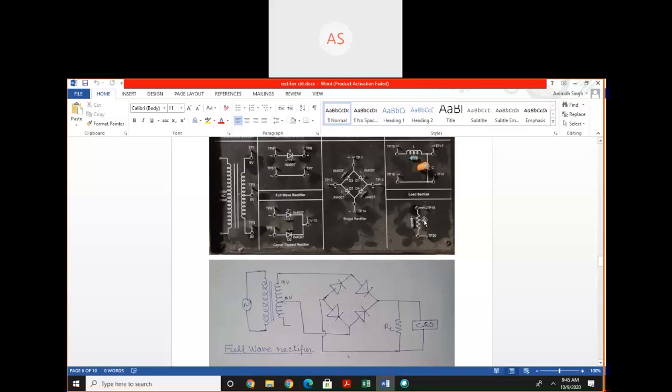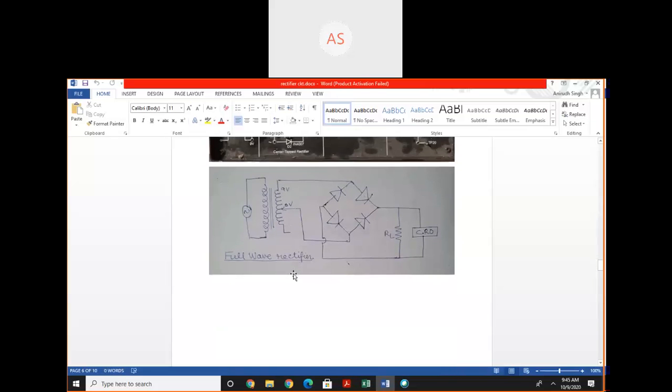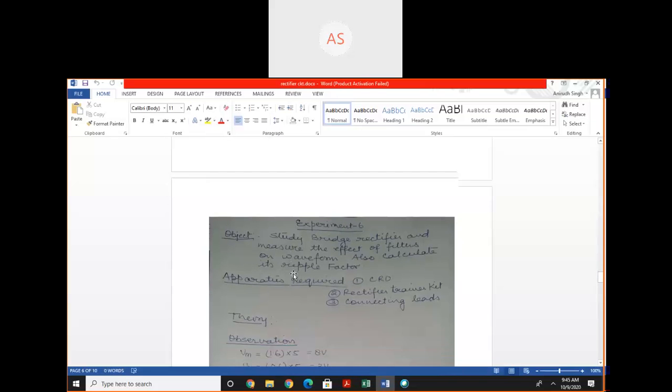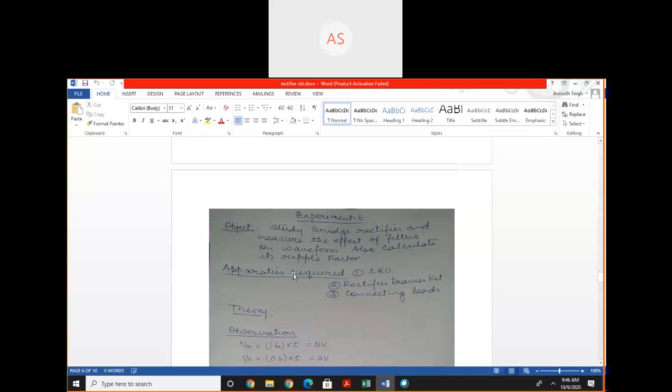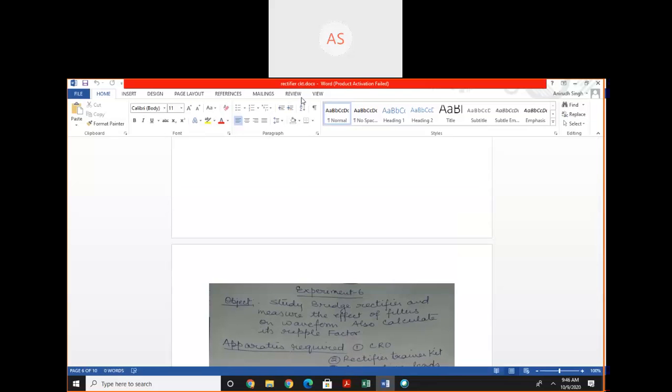Then TP12 is connected to RL, and TP13 is connected to TP19. We connect one channel of CRO across this load resistance and one channel of CRO between 0 and 9 volt. Clear? Is the circuit connection clear to you?